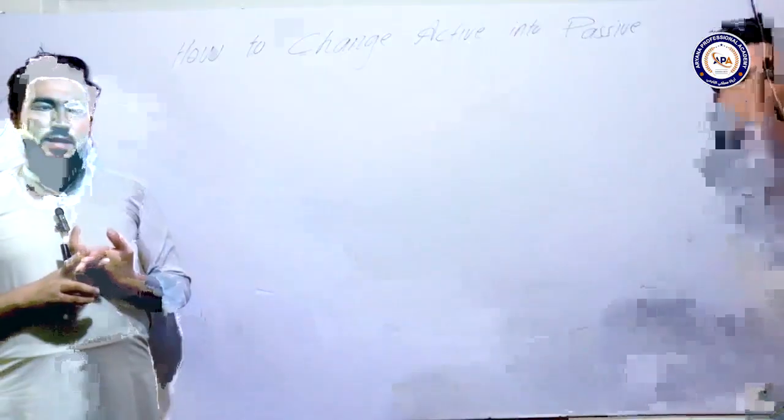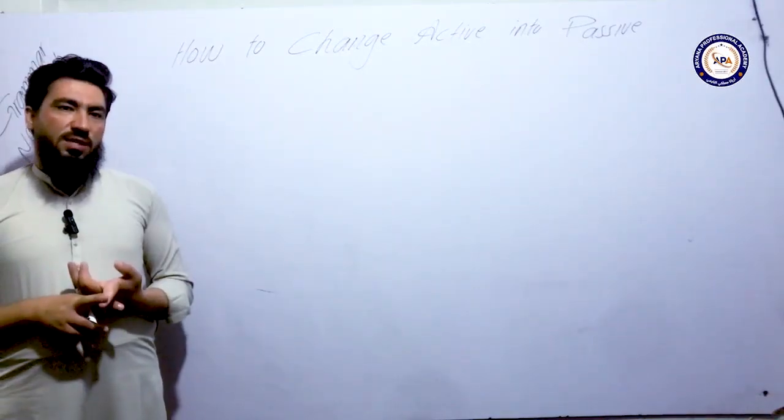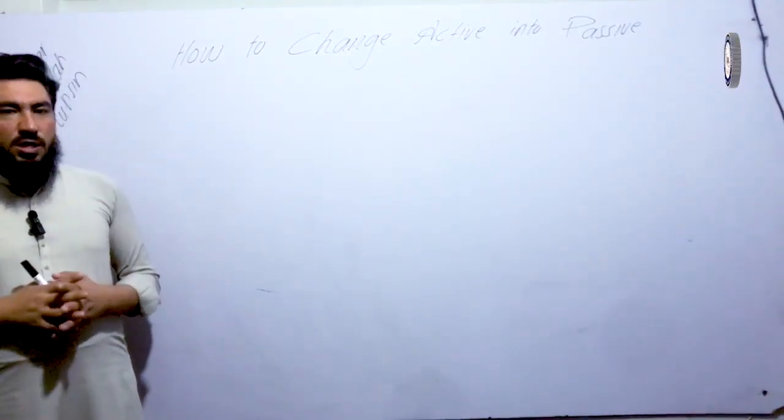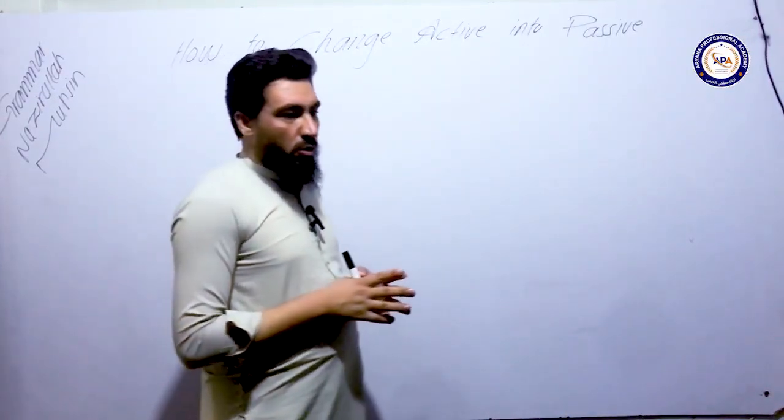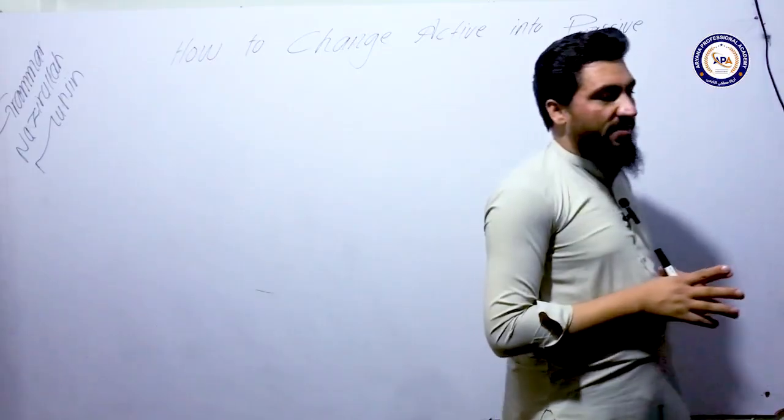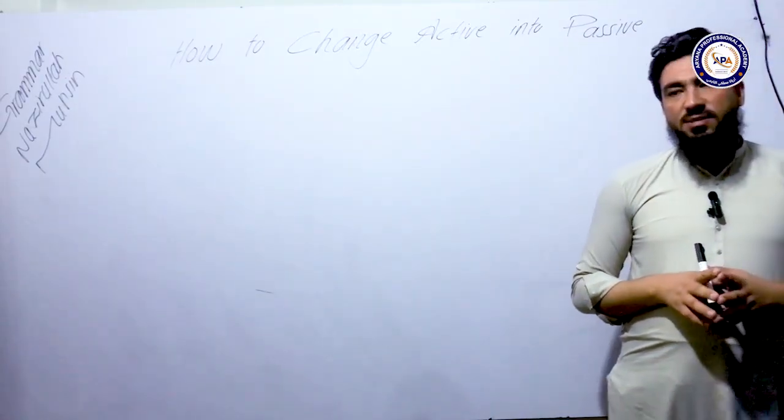A subject can be the doer, it can be the receiver, it can be both the doer and receiver, and it can be neither the doer nor the receiver. When the subject is the doer of an action, this is called active voice. When the subject is the receiver of an action, then this is passive voice.